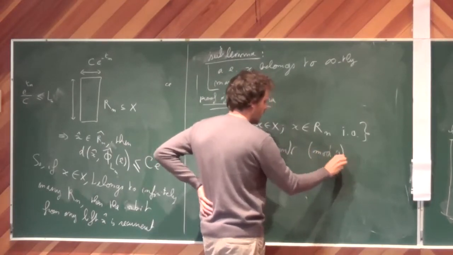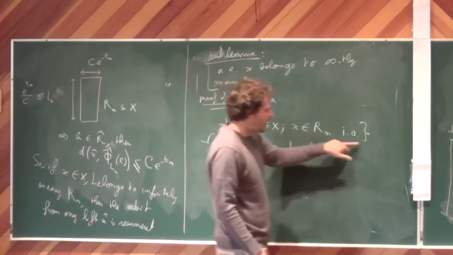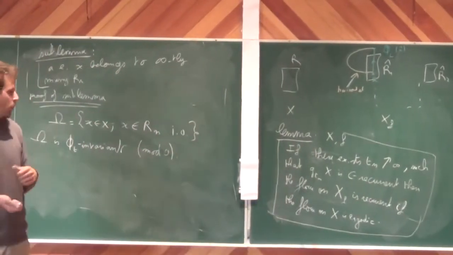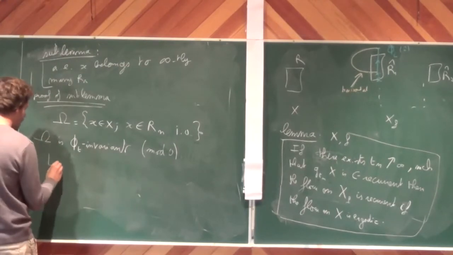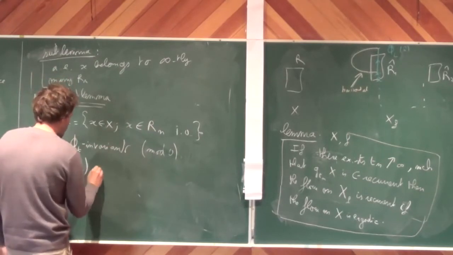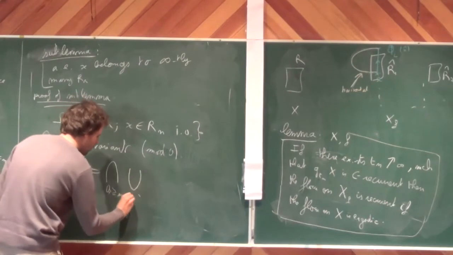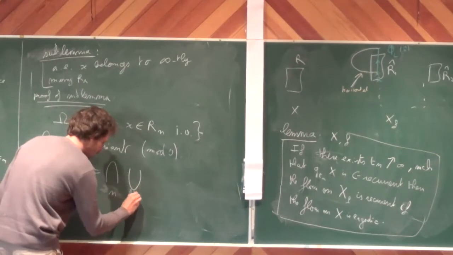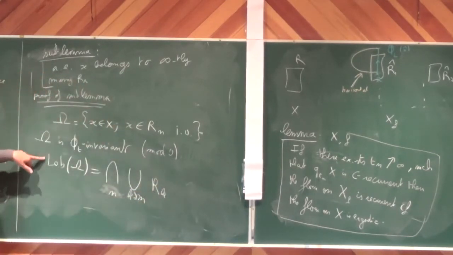So up to a zero measure set, this is a phi t invariant set. What is nice with a phi t invariant set is that because of ergodicity, it is either measure 0 or measure 1. So we only have to prove that this has measure strictly greater than 0, and this is easy. What does infinitely often mean? It means that you look at the intersection over n of the union over k greater than n of Rk. This is the definition of that.